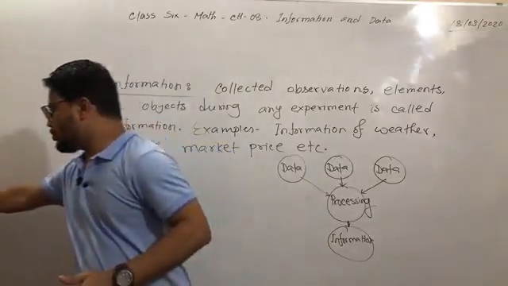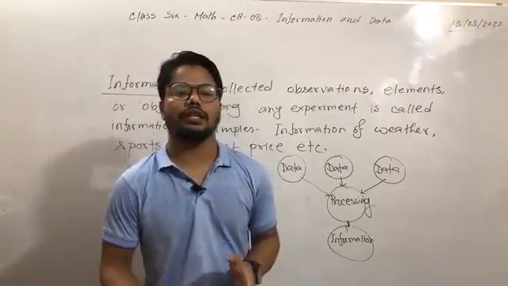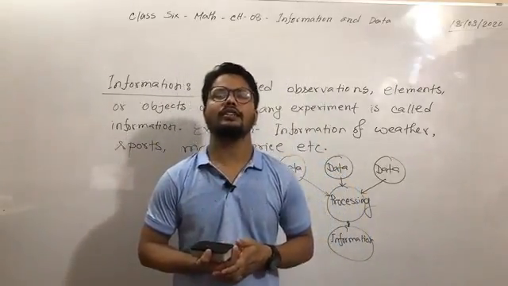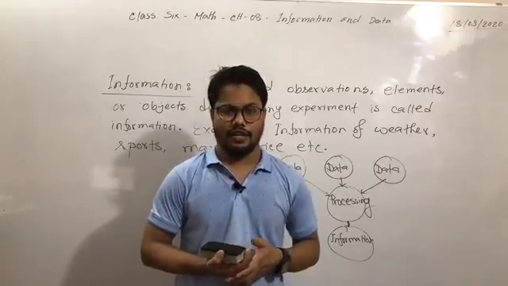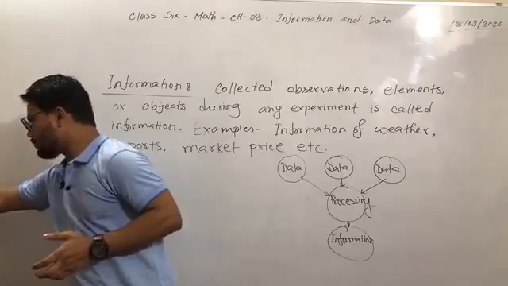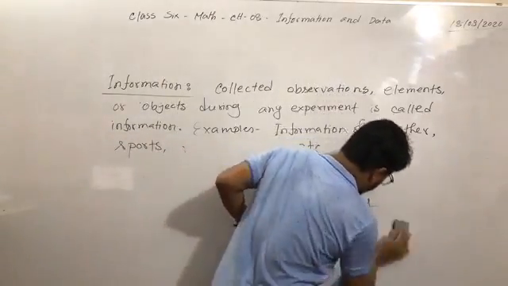Now we can discuss, there are two types of data in our academic book, organized and unorganized. The organized data means like this one, the obtained marks of 10 students in your class.